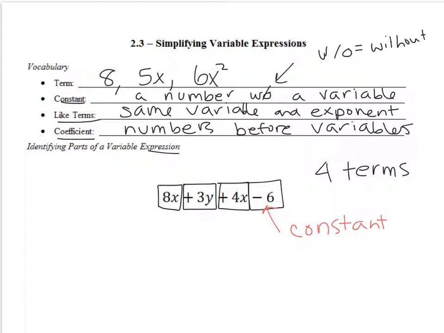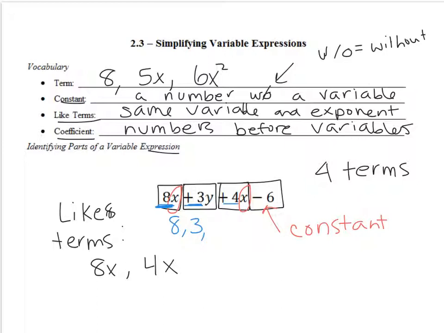The like terms are the terms with the same variable and exponent. So this has an x and this has an x. So the like terms are 8x and 4x. And the coefficients are the numbers in front of the variables. So 8 is a coefficient, 3 is a coefficient, and 4 is a coefficient.